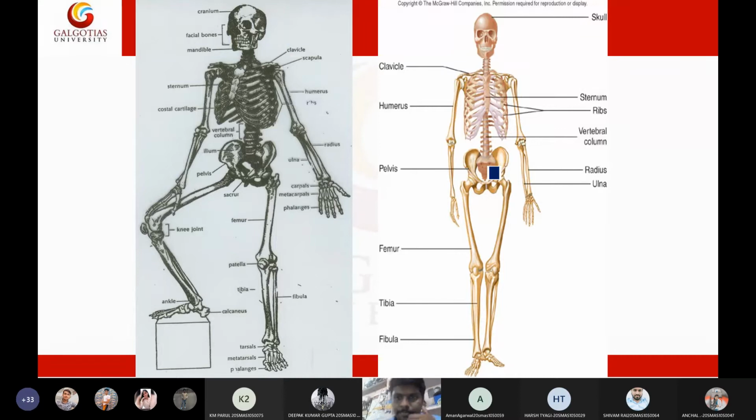Then this front portion is called the pelvis, and these elevated portions are called the ilium. In detail, we will see the structure later. First, try to memorize the basic bones of the human body.